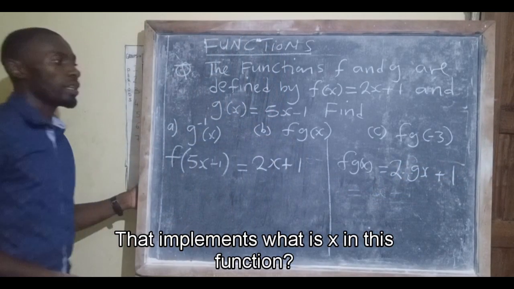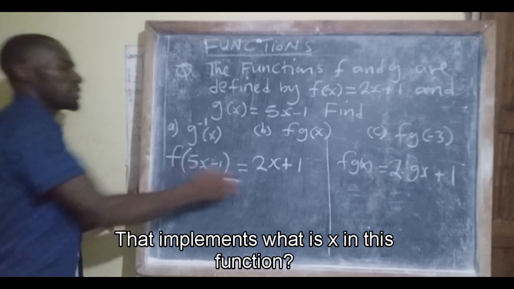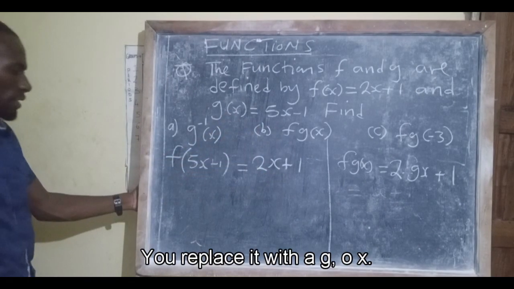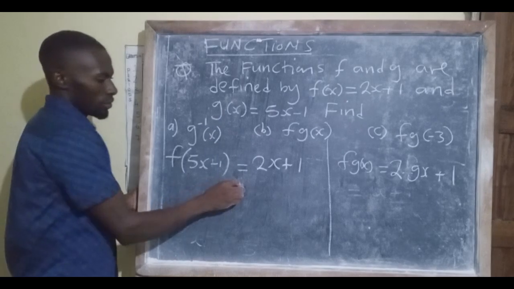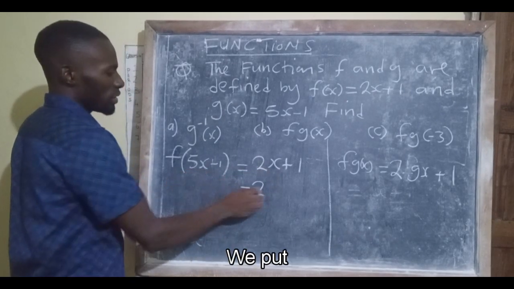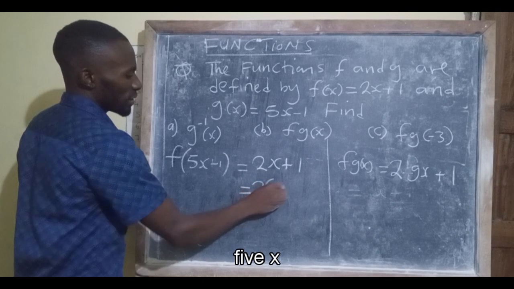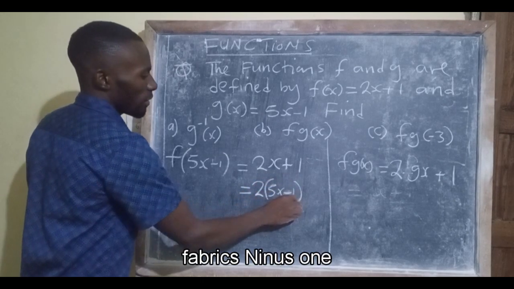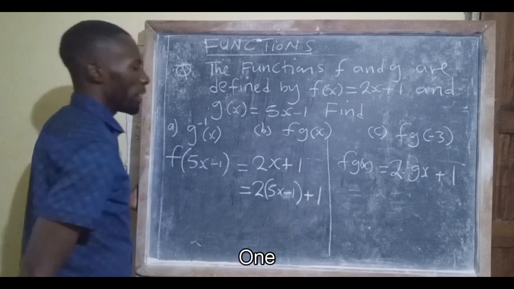That simply means where there's x in this function, you replace it with g of x. So this is going to give us 2, where there's x we put 5x minus 1, then plus 1.